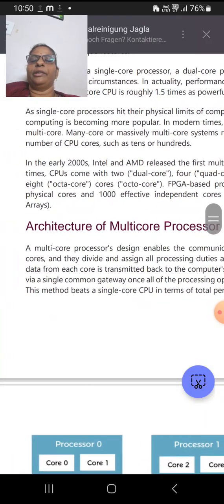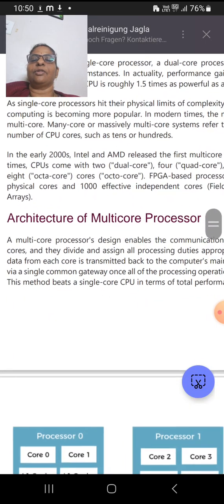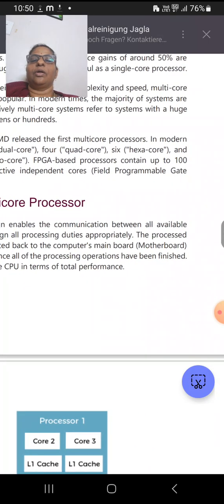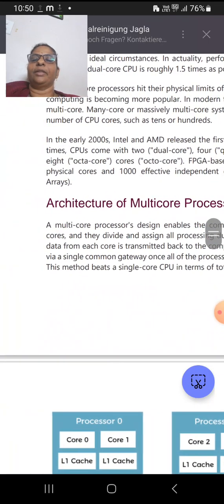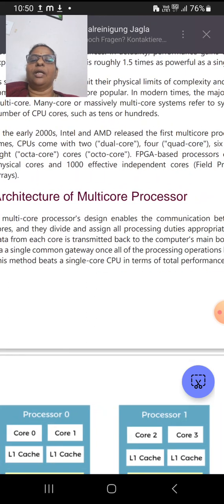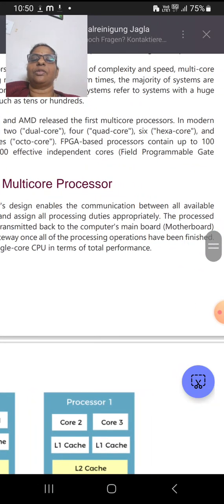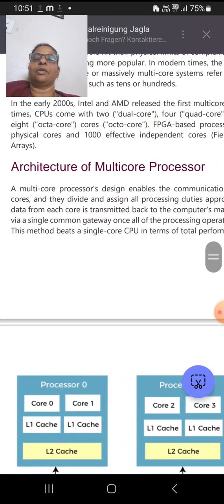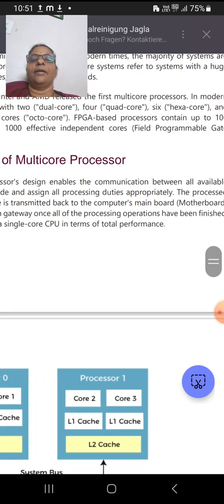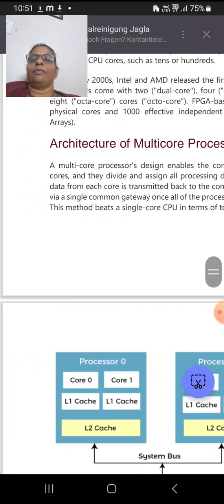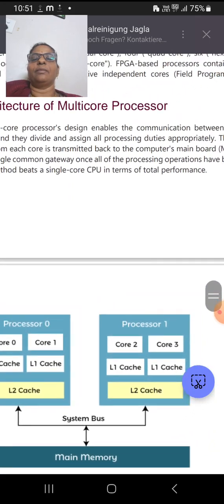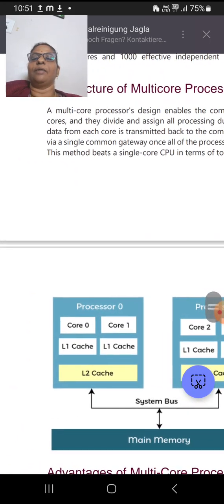In modern times, CPUs come with dual, 4, 6, or 8 cores. FPGA-based processors contain up to 100 physical cores and 1000 effective independent cores. FPGA stands for field programmable gate arrays. The multi-core architecture is designed to enable communication between all the available cores.